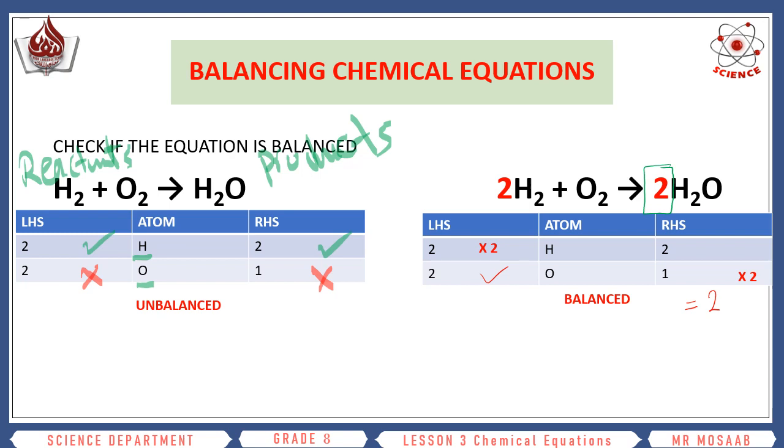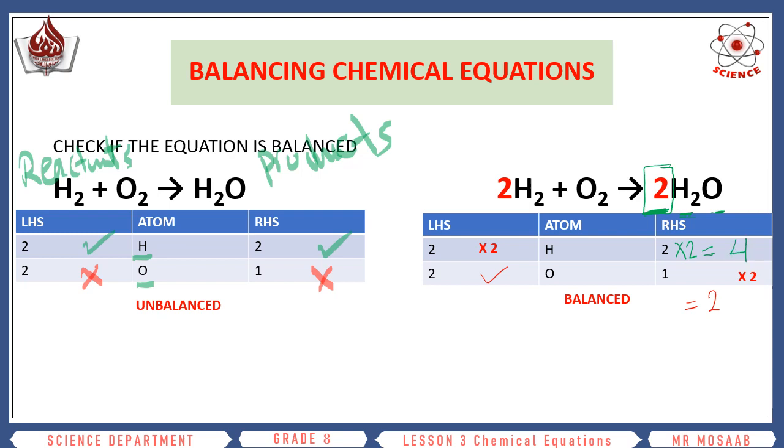Now by writing 2 as a coefficient number, did it change the oxygen only or oxygen and hydrogen? Of course it changes both of them, hydrogen and oxygen. So this number also will be multiplied for hydrogen. 2 multiplied by 2 equals 4.